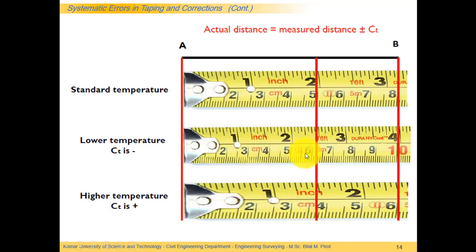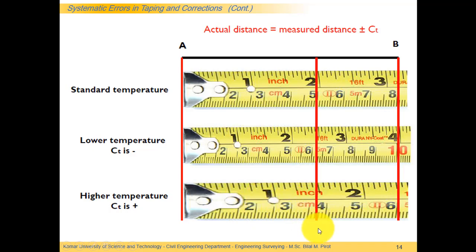As a result, the length of the meter will decrease. But in higher temperatures, especially in hot temperatures or in summers, an expansion will happen in the meter. Then the meter will expand and the length will increase.